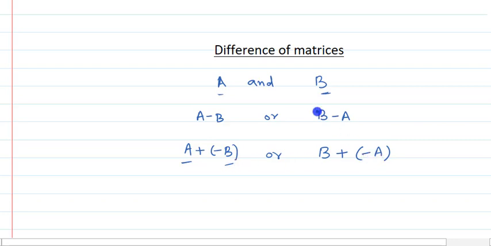Meaning the difference of matrices is possible when the matrices are of the same order.